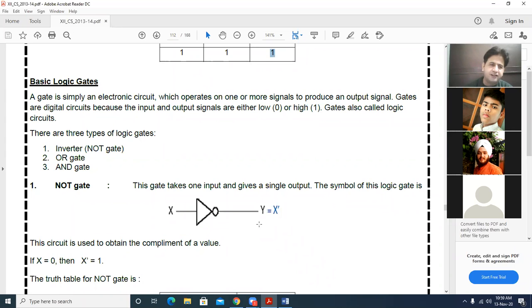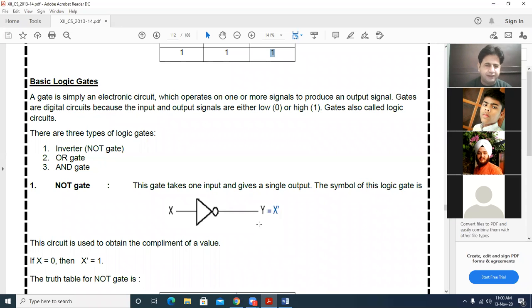Gates are logical circuits because the input and output signals are either 0 and 1. When we represent any Boolean values in the shape of a diagram, that diagram is called a logic gate.